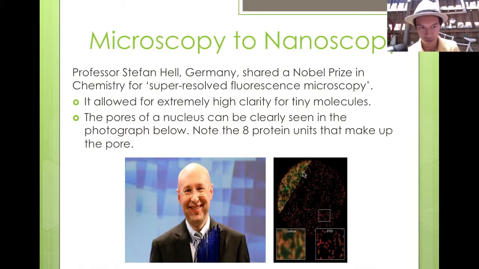So the photograph there is quite accurate right down to the minute details of a cell, which really helps us understand cellular structure and in turn their function as well.